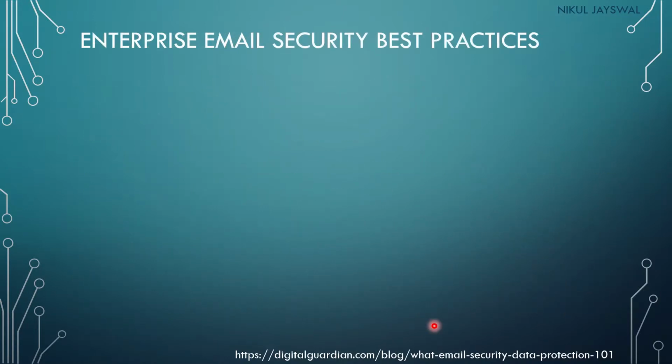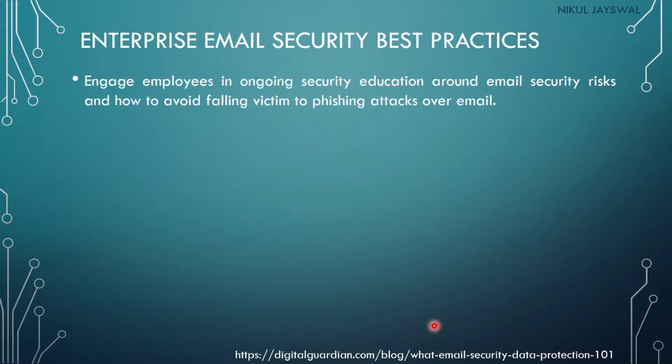Now we will discuss enterprise email security best practices. If an enterprise provides separate email addresses for its employees, then the employees must follow certain best practices to secure email communications. First is to engage employees in ongoing security education. All employees must have security education related to email, and we need to teach them how to avoid falling victim to phishing attacks.